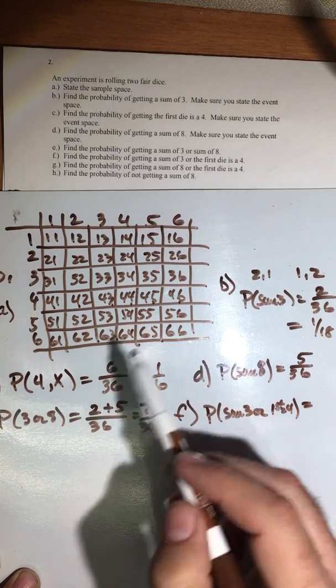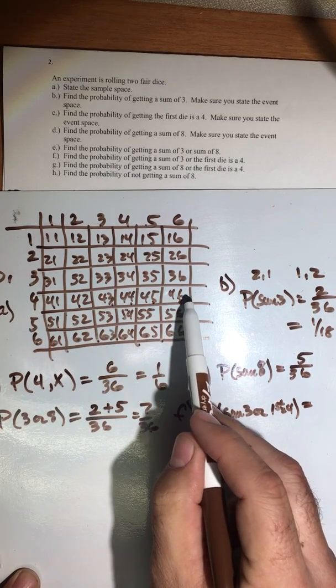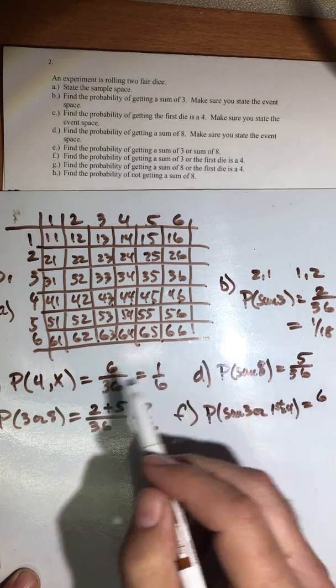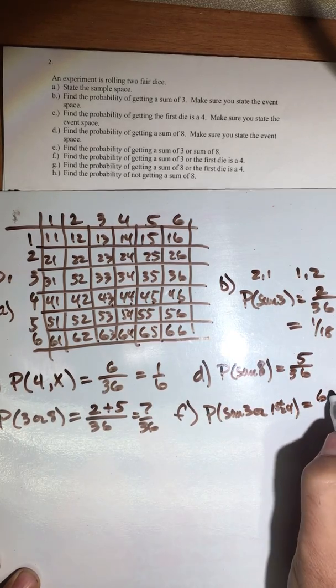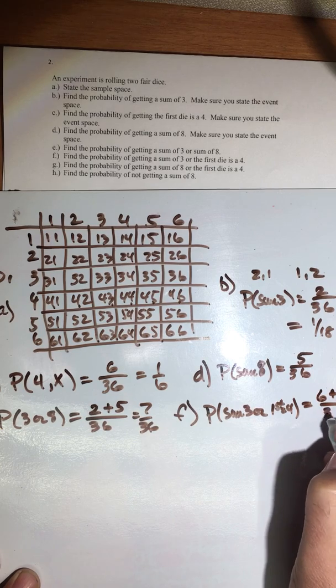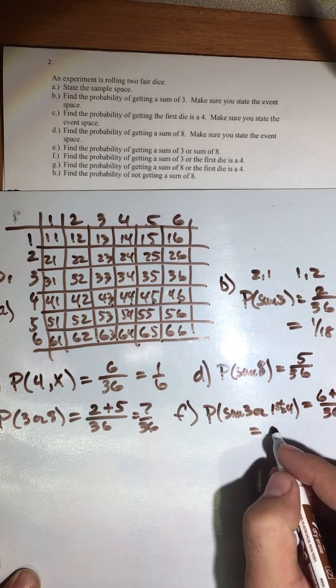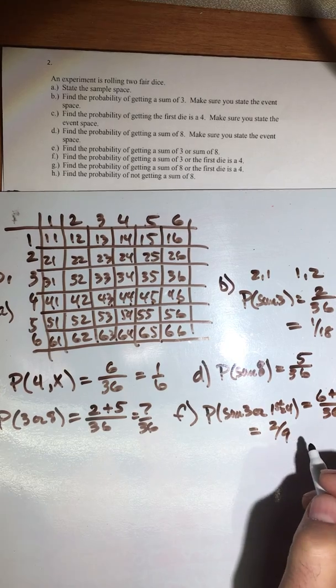So there's 6 ways to get the first die to be a 4, and then there's 2 ways to get a sum of a 3. They don't overlap, so I get a total of 8 ways out of 36, which reduces by dividing both by 4 to 2 out of 9.